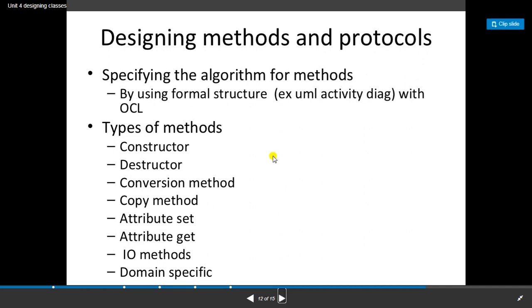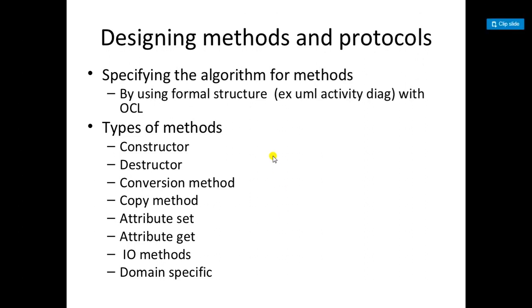So what are the design methods we have to use in the classes? There are some types of methods we always use in object oriented programming. The first method is a constructor.